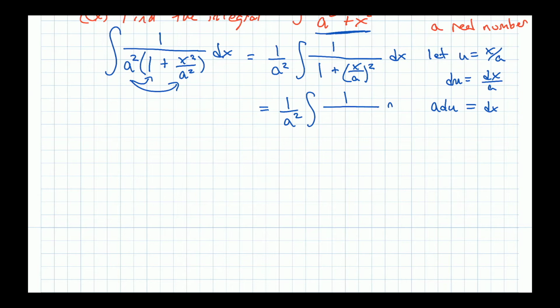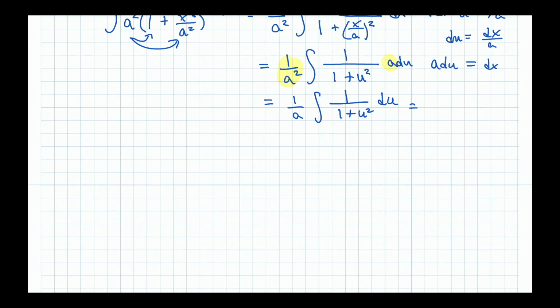Your dx is a du. Your x over a is u. So you get that. So you take this a and this 1 over a, combine those, so you get 1 over a integral 1 over 1 plus u squared du.